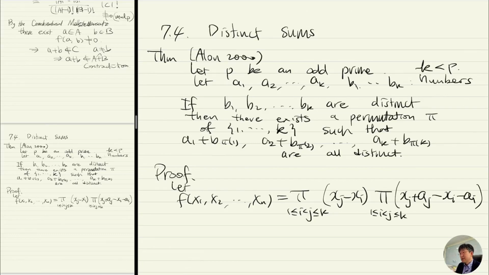This is a polynomial over the field of p elements, so everything is modulo p.